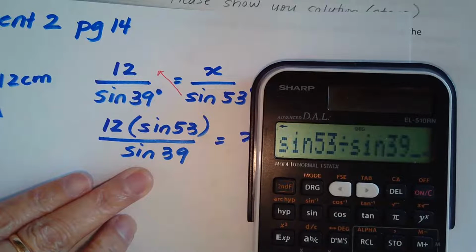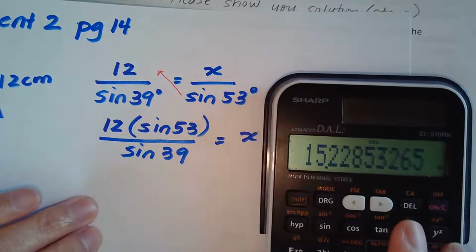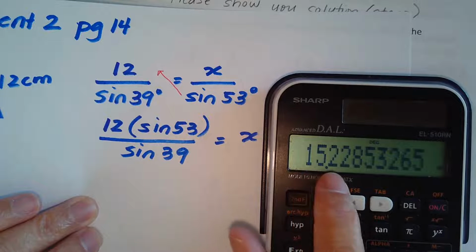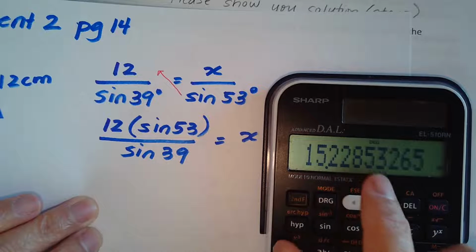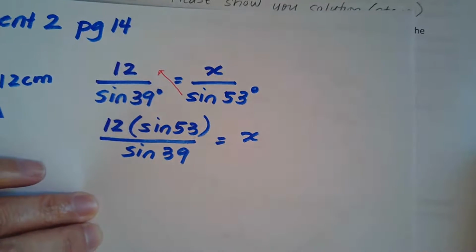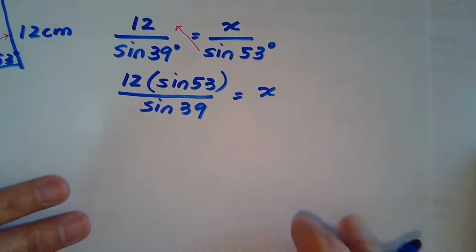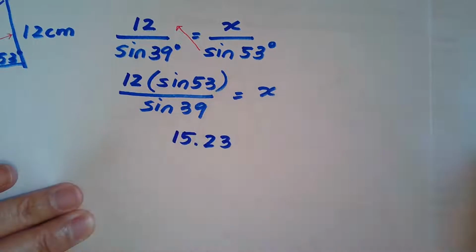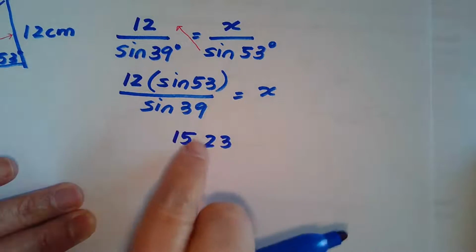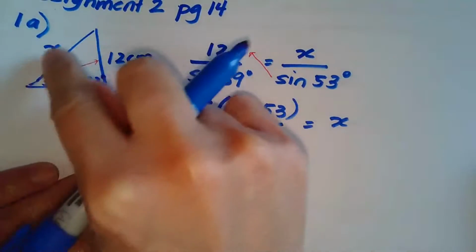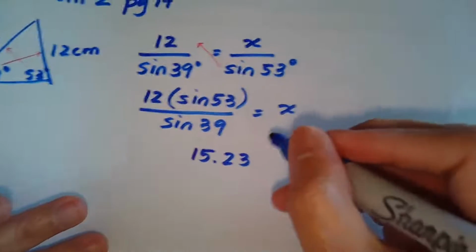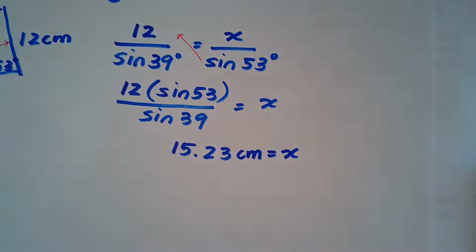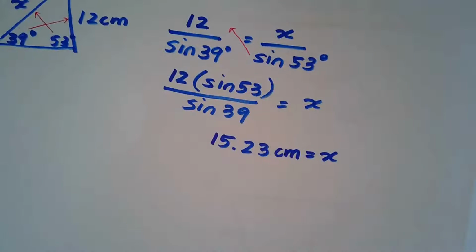Okay, so 15 point, and if I round it off to 2 decimal places, it's going to be 15.23. Because we're talking about the unknown side, sides are measured in centimeters. So 15.23 centimeters equals X. That's your answer.